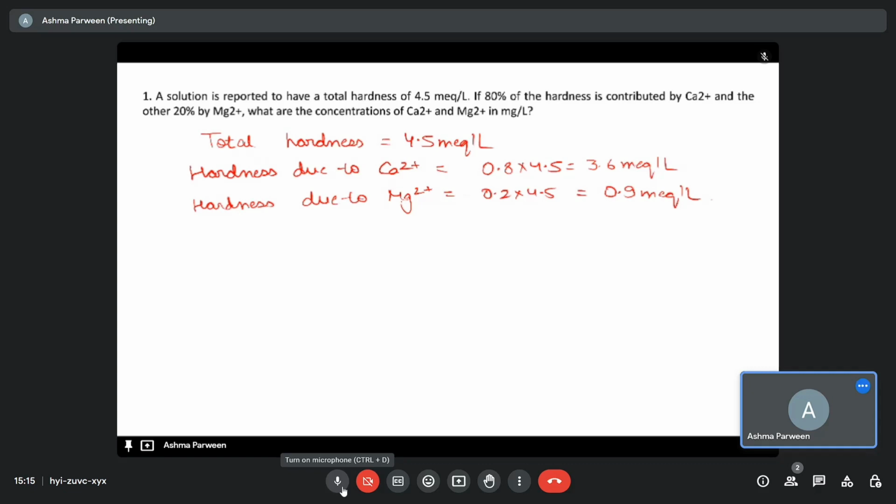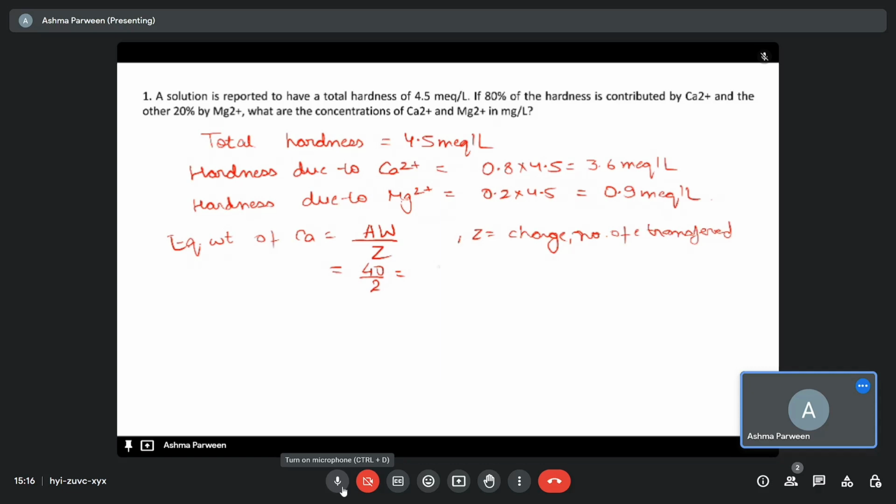So we know that the equivalent weight of calcium is equal to the molecular weight, or for an atom the atomic weight, upon Z, where Z can be the charge, or the number of H plus, or the number of electrons transferred. We know that the atomic weight of calcium is 40 and the charge on calcium is 2.